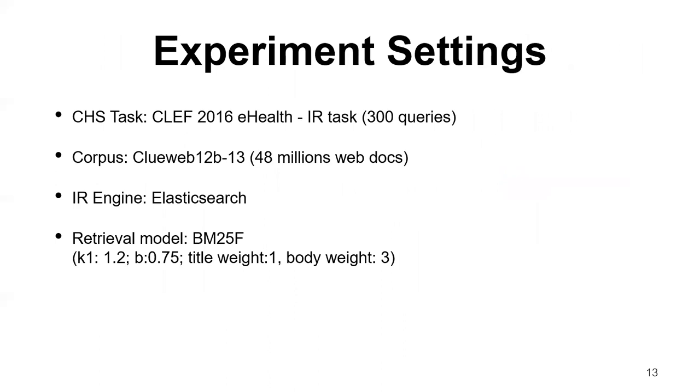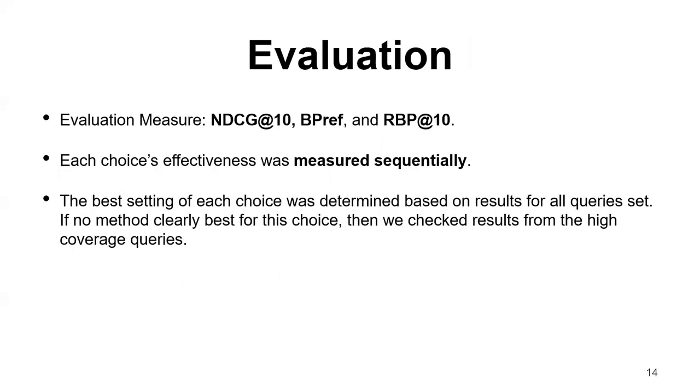For our experiment, we use the CLEF 2016 eHealth task, which consists of 300 queries, and the ClueWeb12-B corpus. We evaluate results based on NDCG at 10, BPREF, and RBP at 10. Each choice's effectiveness was measured sequentially and used to determine the subsequent steps' settings.